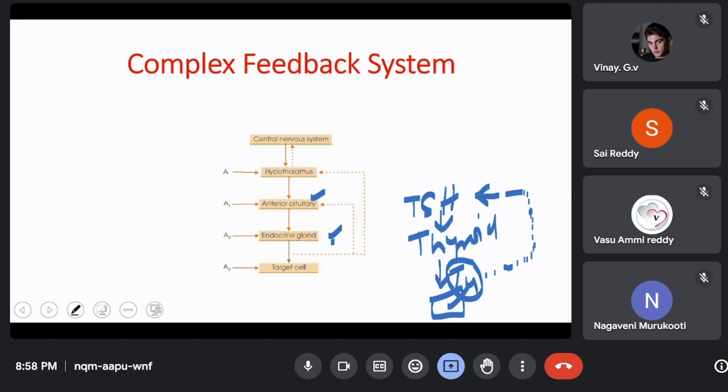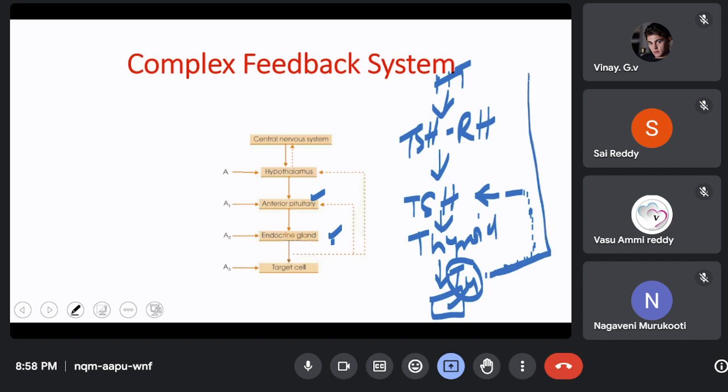But actually, thyroid stimulating hormone is under the control of thyroid stimulating hormone releasing hormone, which is again under the control of nervous system, that is hypothalamus.